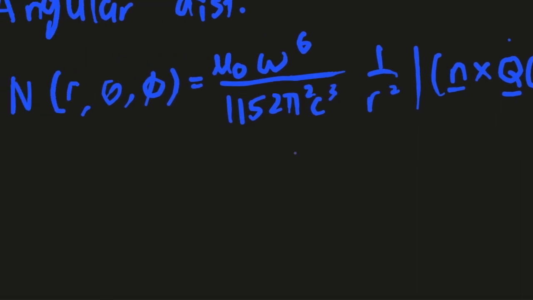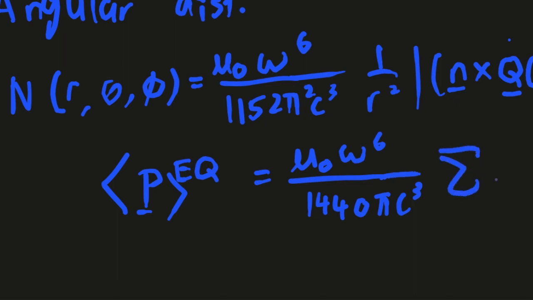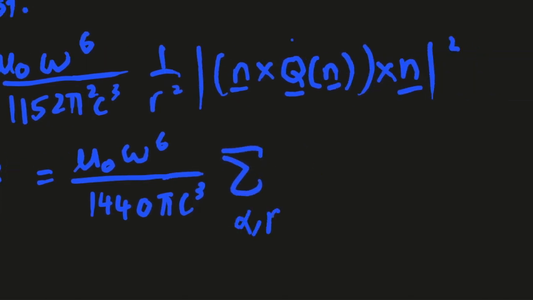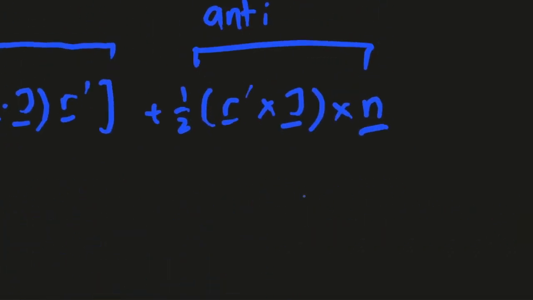The radiated power of an electric quadrupole is of this form. So that's the symmetric term.